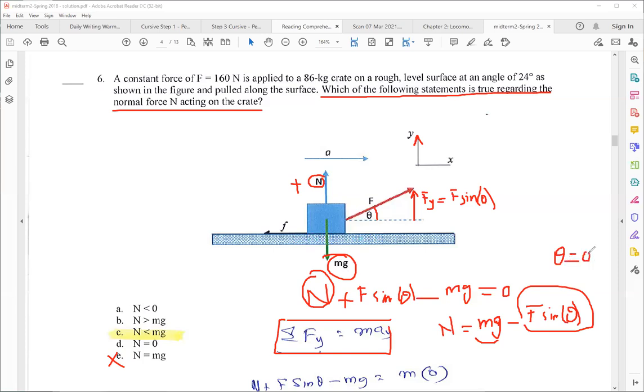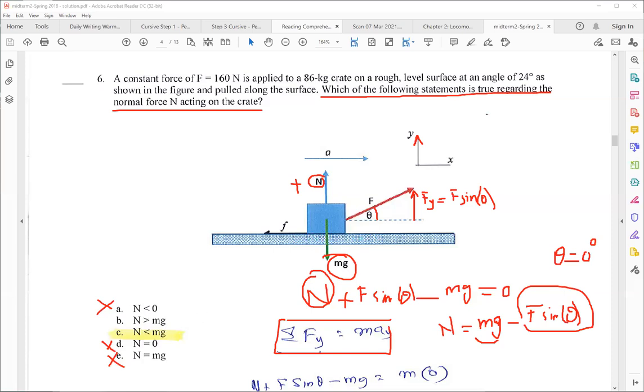If theta is 0 degrees, which means the force will be horizontal, or if there's no force, or if the force is itself equal to 0, then normal will be equal to mg. But for now, no. Normal is not equal to 0, for sure. Normal is not negative, for sure.